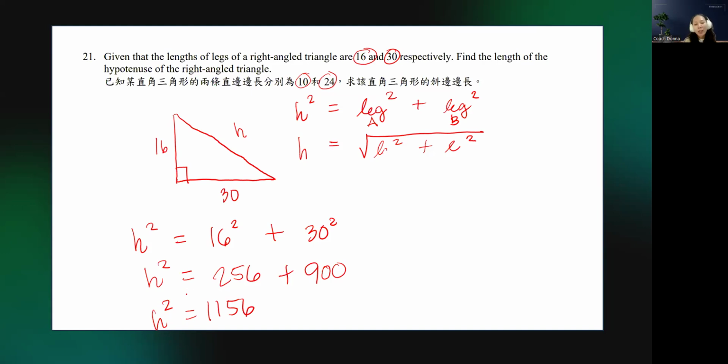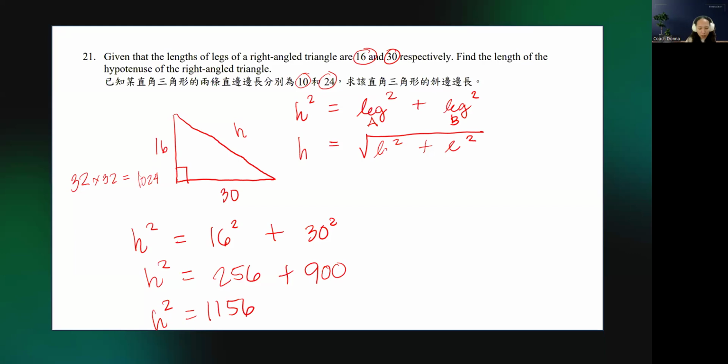So you need to find a number that when you multiply it with itself, you'll get 1,156. The closest number we could have to that is 30, but 30 times 30 is only 900. So let's add a little more to that. 32 times 32, you'd get 1,024.